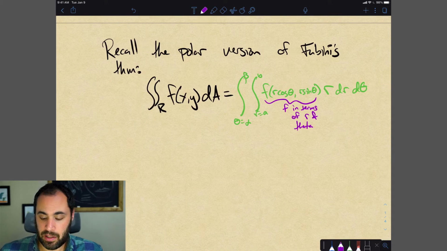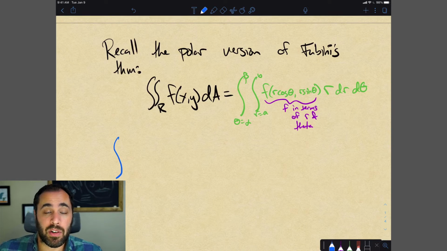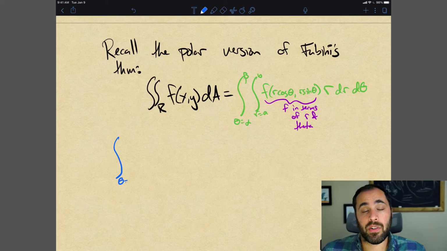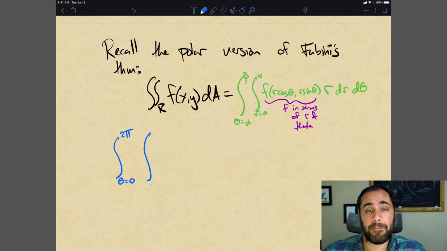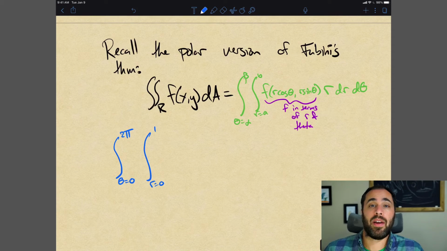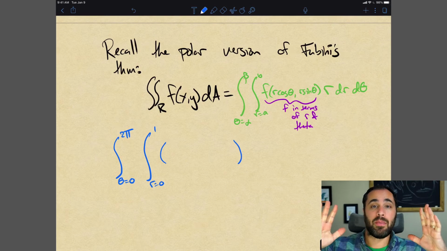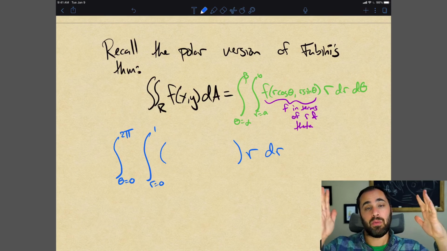So to see how it looks, for the region from this question above, remember it was the unit circle. Well, if we want the whole unit circle, we need theta to go all the way around. So that's from 0 to 2 pi. The radius of the unit circle is 1. So if we want everything inside of it, we need our r bounds to go from 0 out to 1.